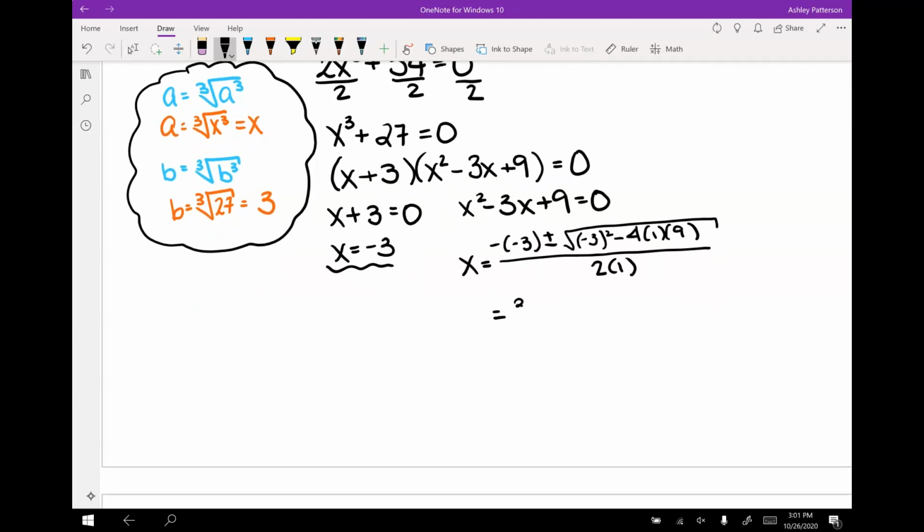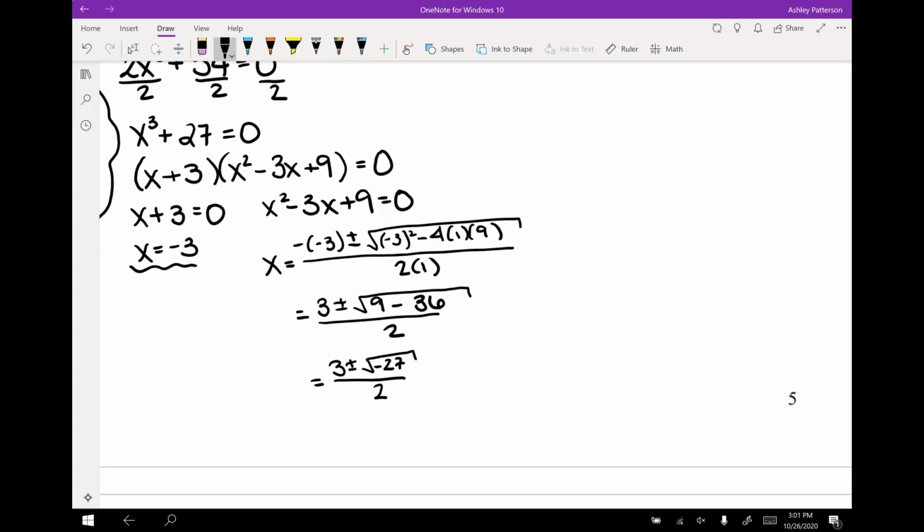So in the numerator, we get 3 plus and minus the square root of 9 minus 36, all over 2. If we continue to simplify, we get 3 plus and minus the square root of negative 27. But don't be afraid of the negative, because, yes, that's right, we can simplify this now.